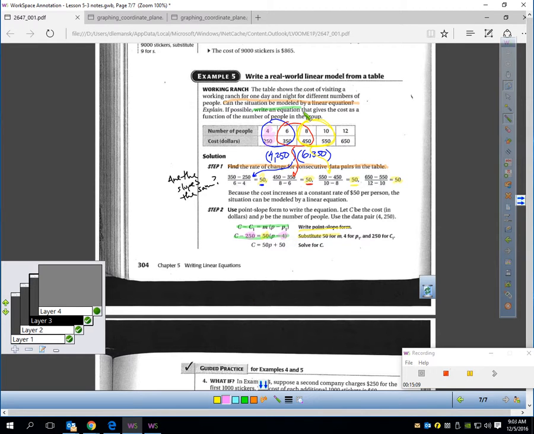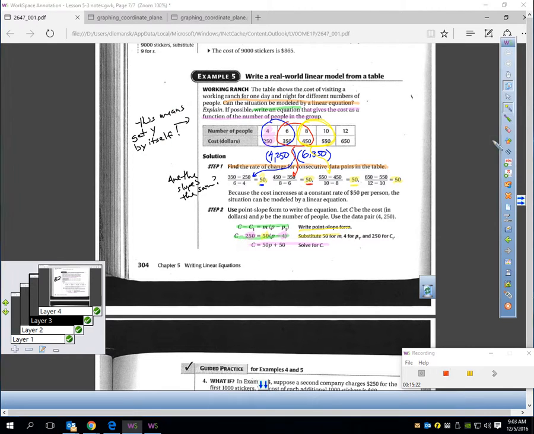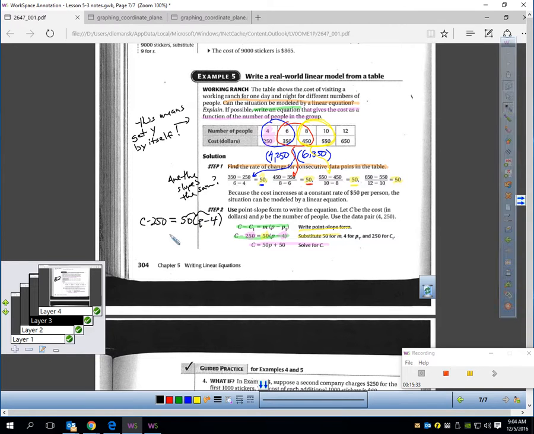Now, remember, we want to write this so that the cost is a function of the number of people in the group. That means we've got to get y by itself. In this problem, y is C. So let me just quickly do that. C minus 250 would equal 50 times P minus 4. Let me quickly distribute.